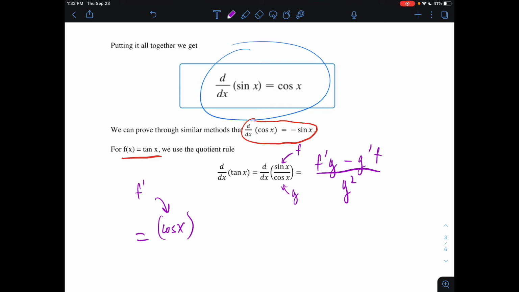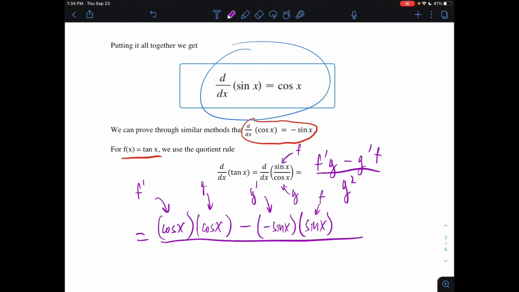And then I multiply that by g, the bottom of the fraction, which is cosine x. So that's g. And then minus g prime, which is the derivative of cosine x, which we just said was negative sine x. So that's g prime right there. And then times f, which again was sine x. And then we divide all of that by g squared, which is cosine squared x.